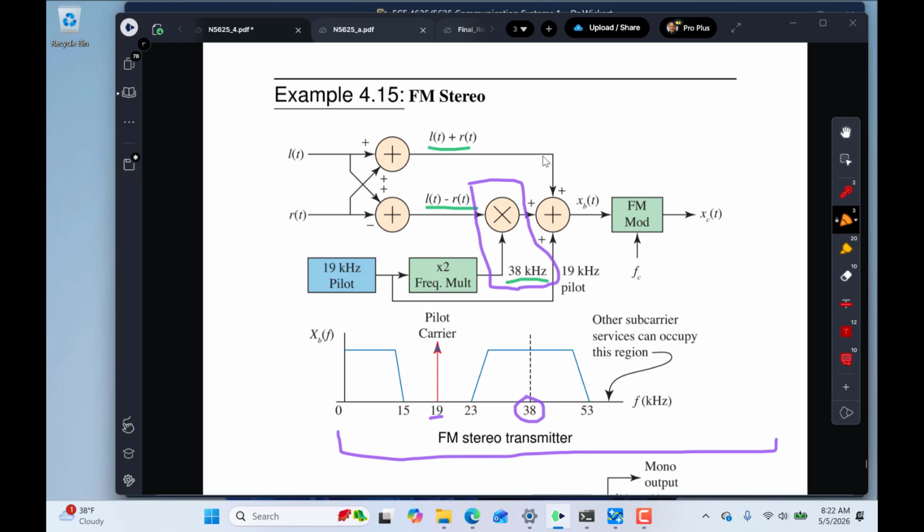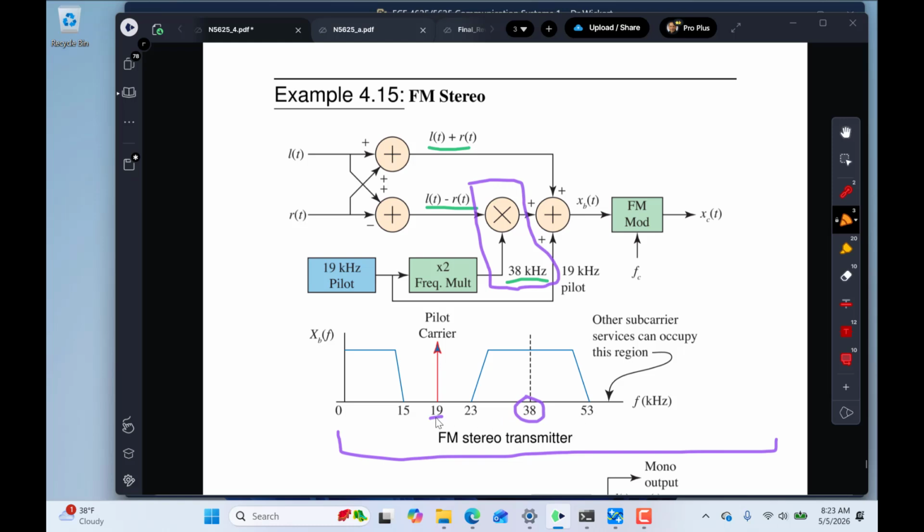All three of these combine, and then they go into an FM modulator, and in fact, they go into the standard FM broadcast modulator model of 75 kilohertz peak deviation, and so on. And now what you're doing is, when you're broadcasting, your baseband signal occupies more than just, say, 15 kilohertz. It goes all the way up to 53 kilohertz.